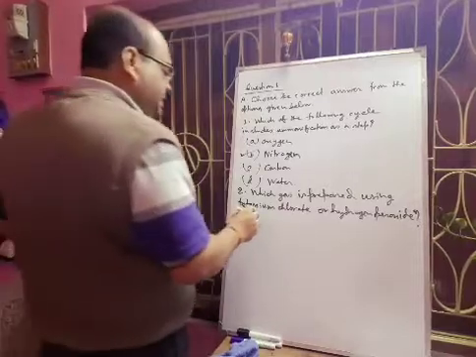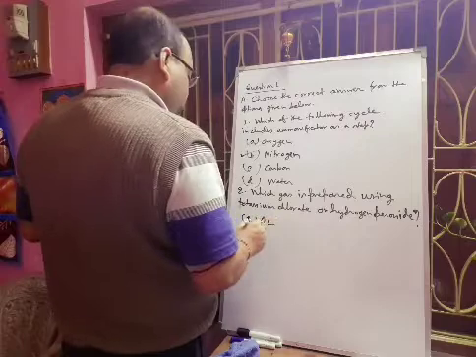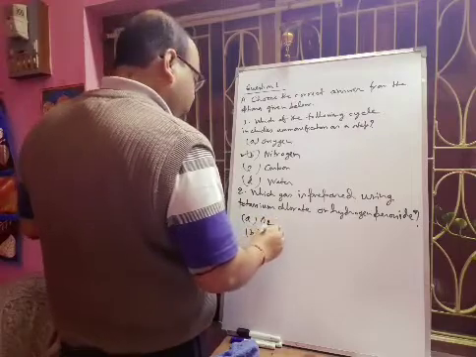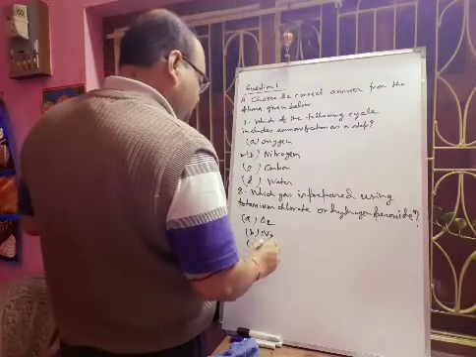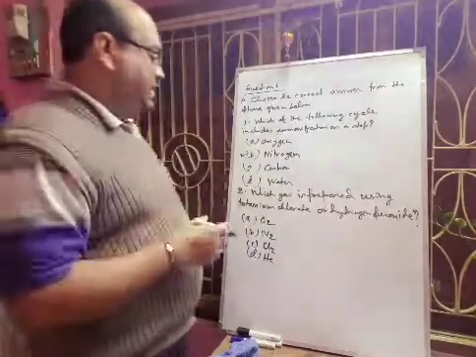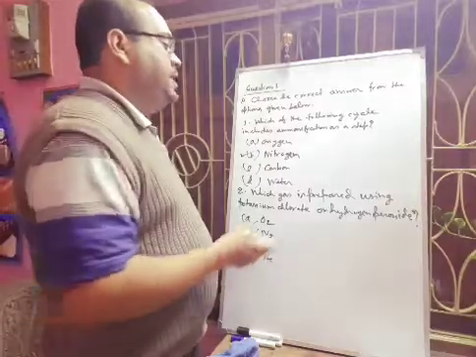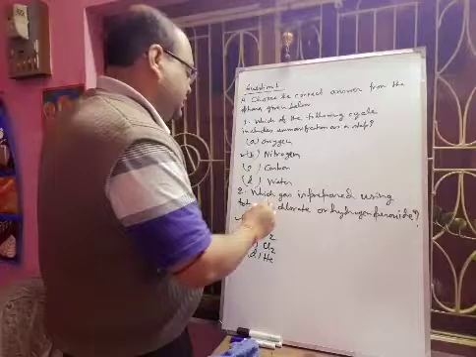Okay, option A is oxygen, B is nitrogen, C is chlorine, and D is helium. So which gas is prepared by using potassium chlorate? You know that from potassium chlorate you are preparing oxygen, and from hydrogen peroxide also, at room temperature, you are preparing oxygen. So oxygen is the correct answer.